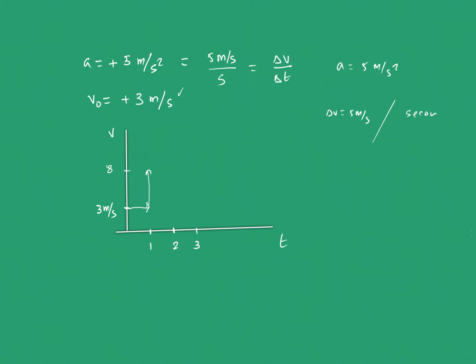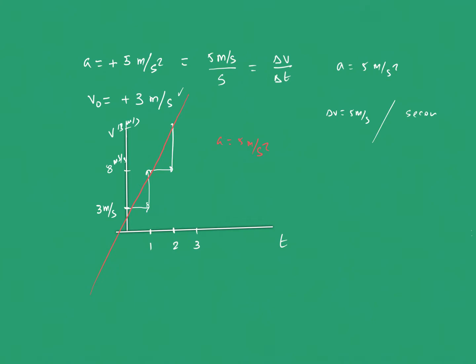I move another 1 second, and the change in velocity that will occur will be 5 meters per second. 8 plus 5, 13. So the velocity is 13 meters per second, which was 8 meters per second. And the graph will be this rectilinear line for the case of a equal 5 meters per second squared.